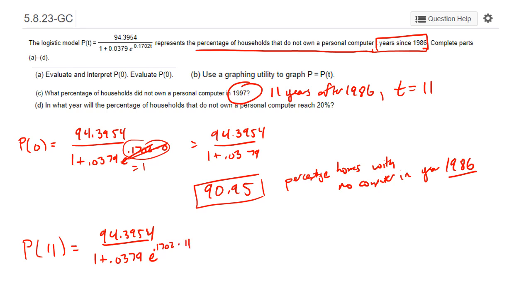Bringing out the calculator, 0.0379 times e to the 0.1702 times 11, which gives 75.73.